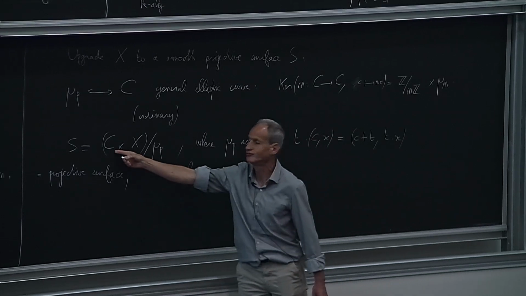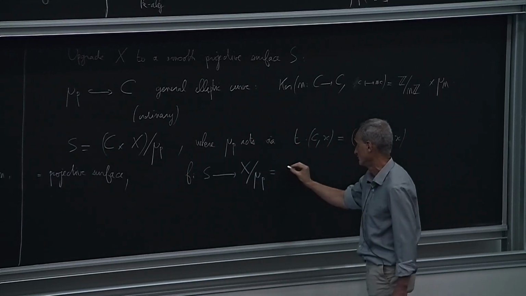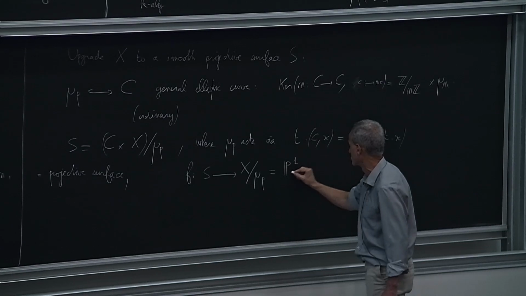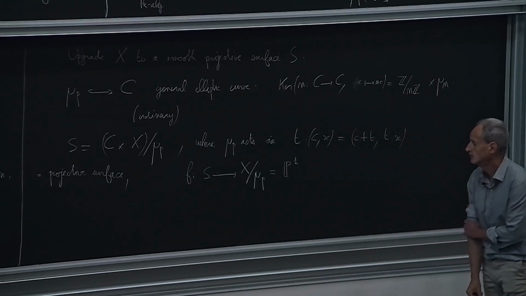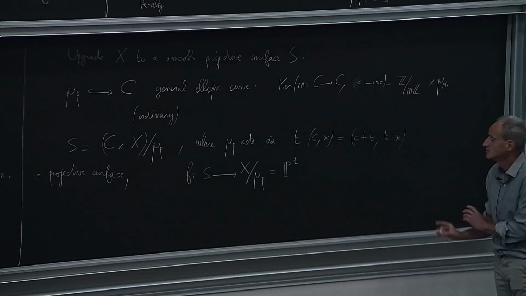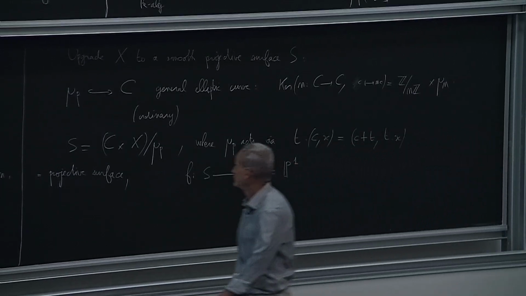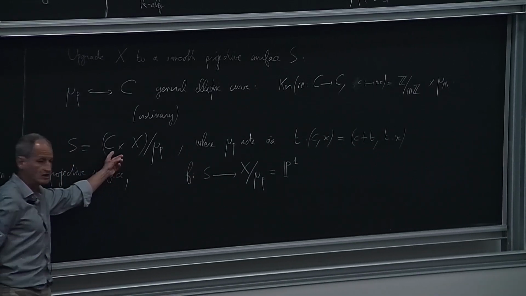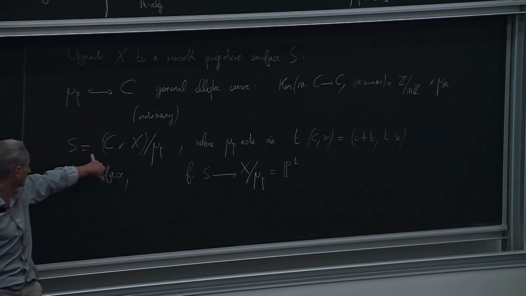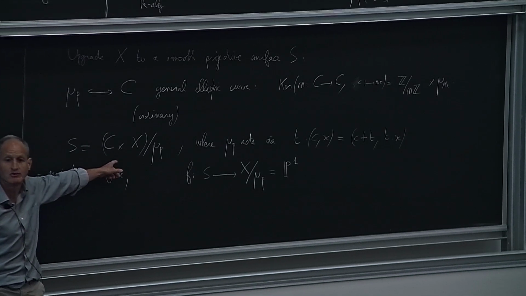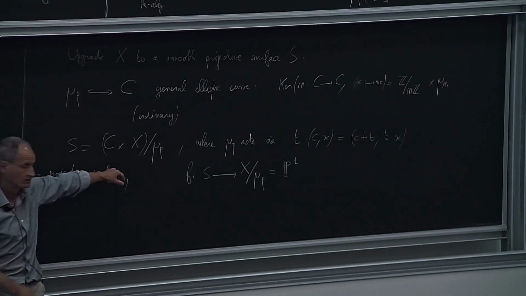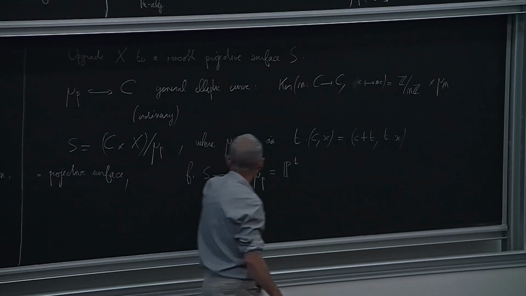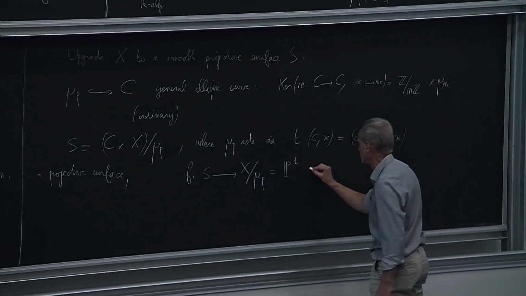So you just forget the first copy and you send it to this, which is P1. And well, this elliptic curve C acts on the surface S by translation on itself. This commutes with the group action, so it descends to an action. And this map that I just wrote is the quotient by this action.